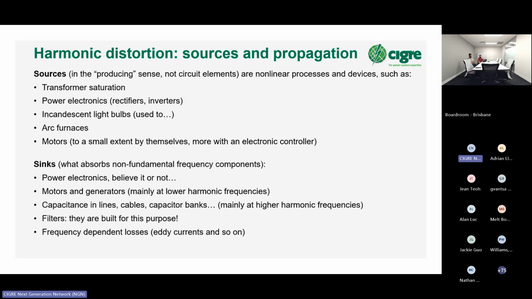to take them. Then harmonic filters, which are devices built to sink harmonic components, and anything with a frequency-dependent loss that increases with frequency. For example, the impedance of conductors increases with frequency. So the resistance of the conductor in your transformer, transmission line, motor, or generator increases with frequency. So if there are currents at higher frequency, there will be more resistance and so more losses.